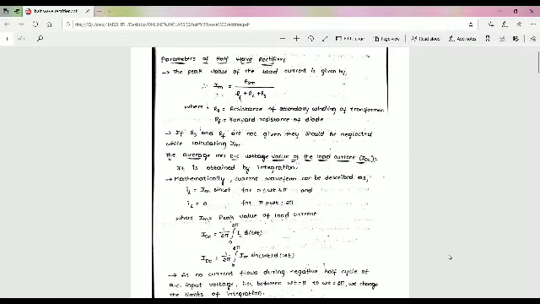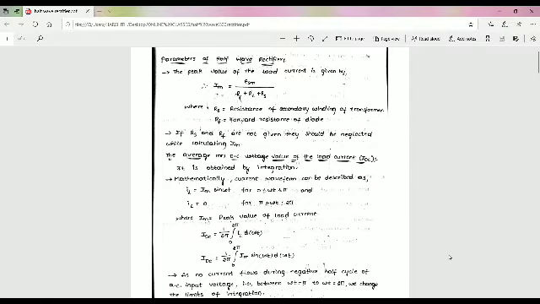In the half-wave rectifier only the positive half cycle conducts. The negative half cycle does not conduct because of the reverse bias. So the limits are 0 to pi, and IL exists only for 0 to pi.